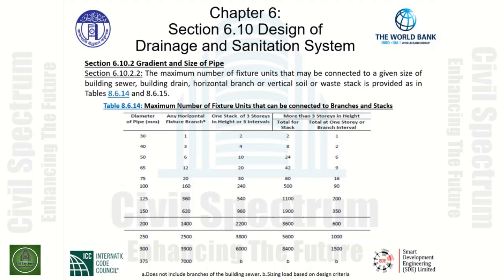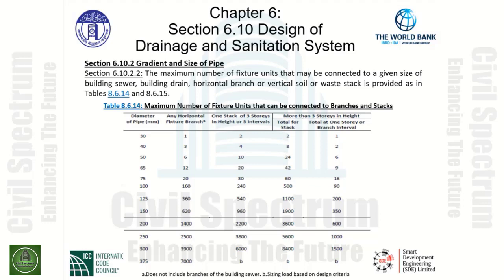Looking at this particular table, the first column gives us the diameter of pipe in millimeters. The second column gives us the maximum horizontal fixture branch that can be tied into a given stack.